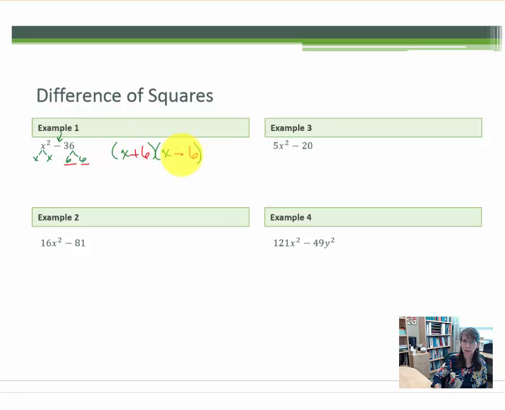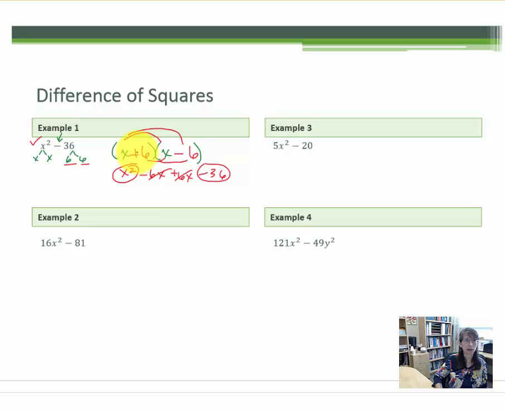But we want to check and make sure. You can distribute x times x minus 6, which is x squared minus 6x. Then distribute 6 times x and 6 times minus 6, which is positive 6x minus 36. Do you notice that in the middle, these like terms cancel, and it leaves x squared minus 36, which is what we had to begin with.